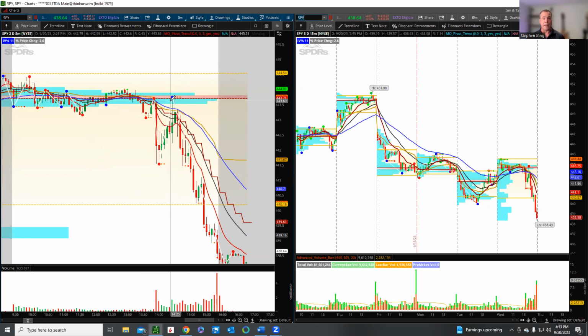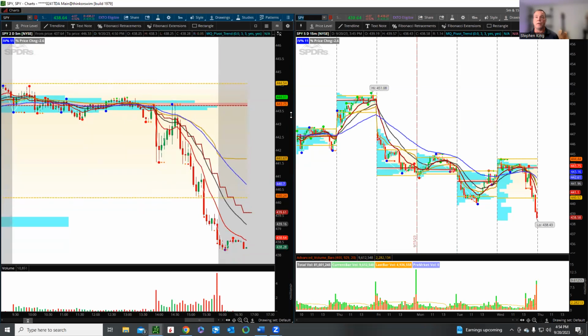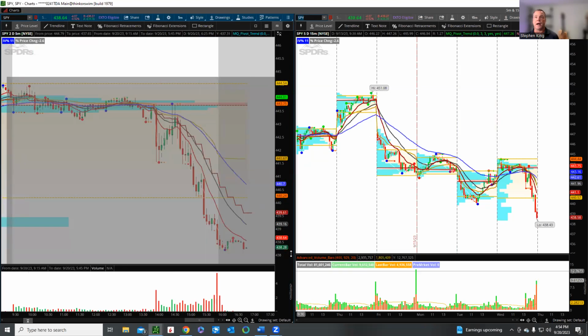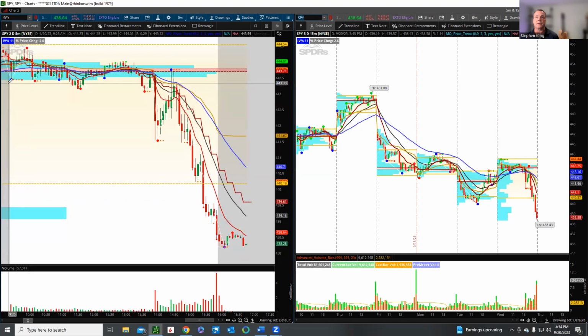Whether it was a double top or just the high of the day, and then it rolled. This is just basically the retest of, if you look, right? SPY was basically just in a channel, right? All through here. And finally that channel broke and then it retested, right?